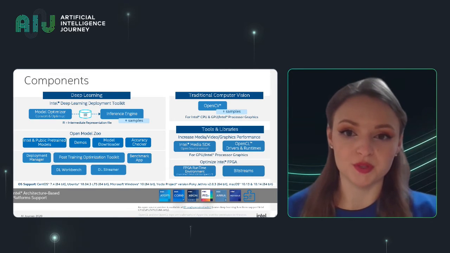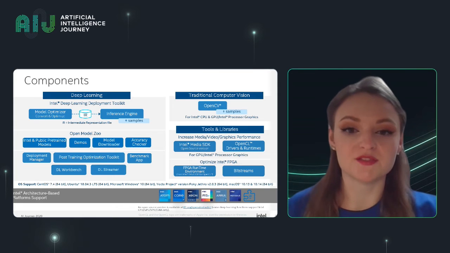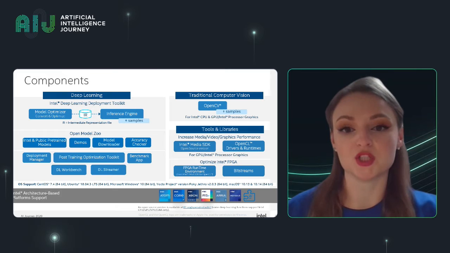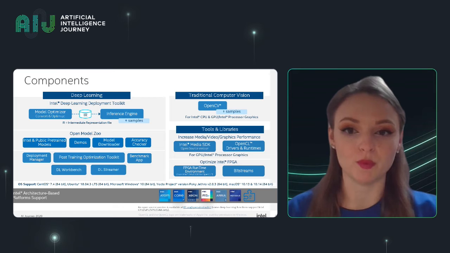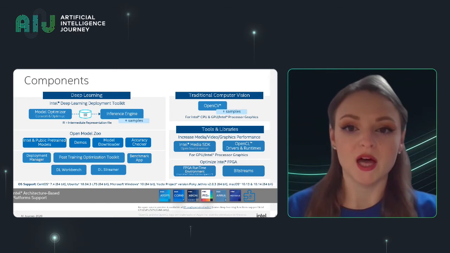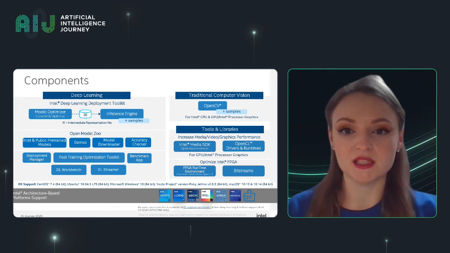And let's look inside OpenVINO. Here we show all components of the toolkit. They can be split into 3 large groups. The first is the traditional approach to computer vision, and the second, which is the most comprehensive, the main one, is devoted to deep learning. Also, we have additional complementary instruments and libraries.